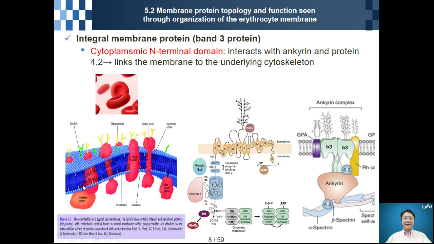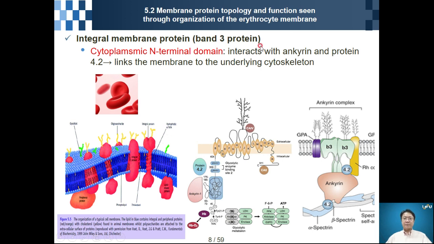So the membrane is composed of the integral proteins which span the membrane, and also there are peripheral proteins, and also lipid linked proteins like this. Because this chapter is focused on membrane protein, now we will focus on the integral membrane protein.